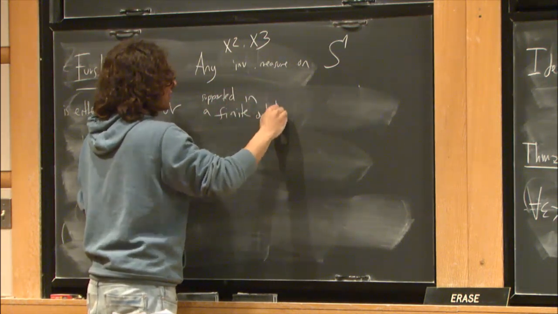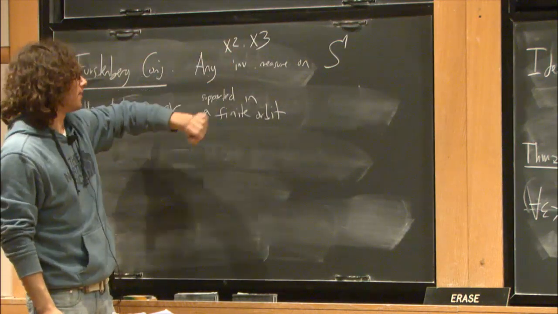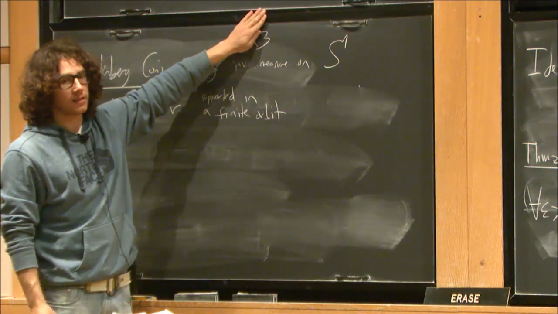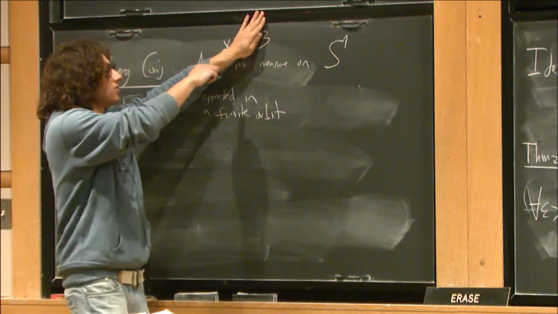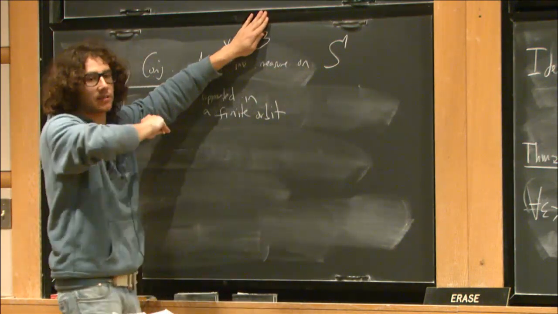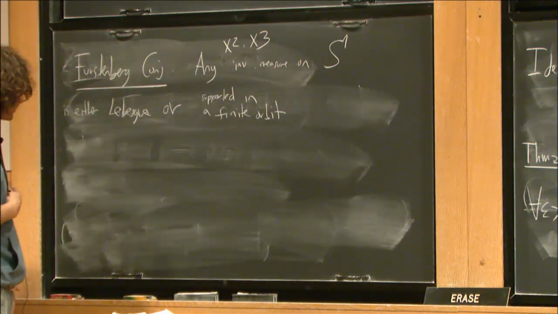So there are not many measures that are invariant under these two things at the same time. But if you just look at one, then this is just conjugate to the shift. So there are plenty, but okay.